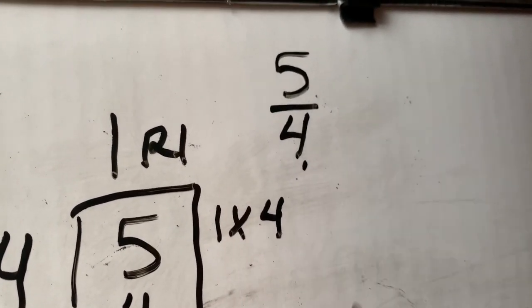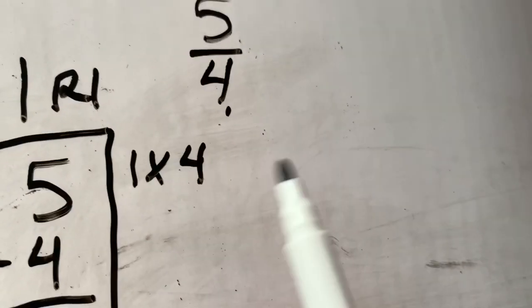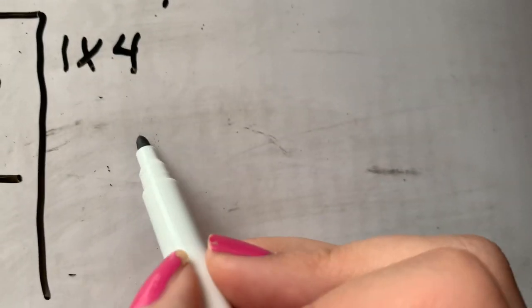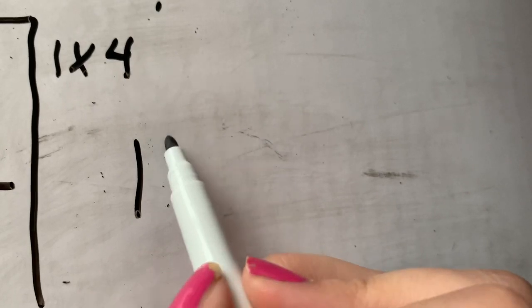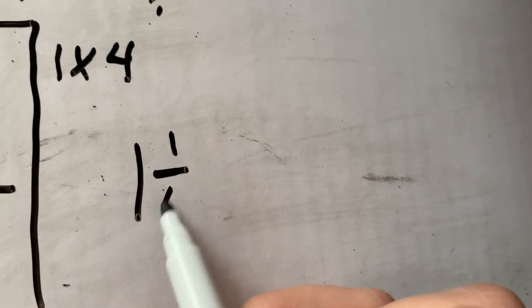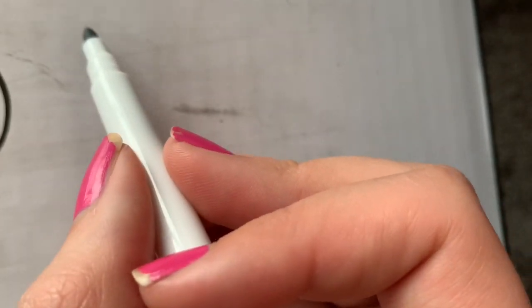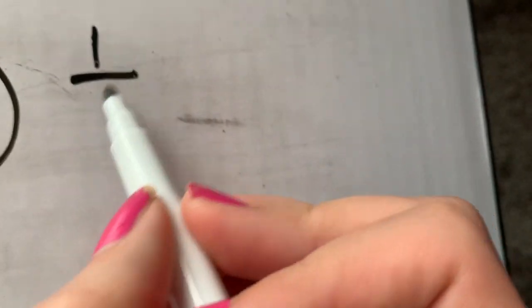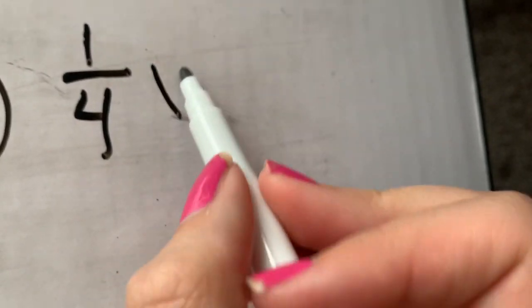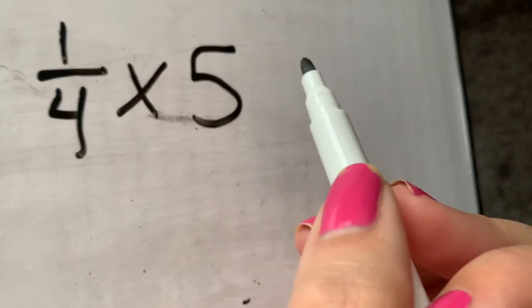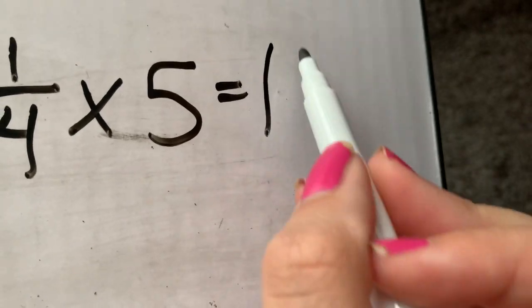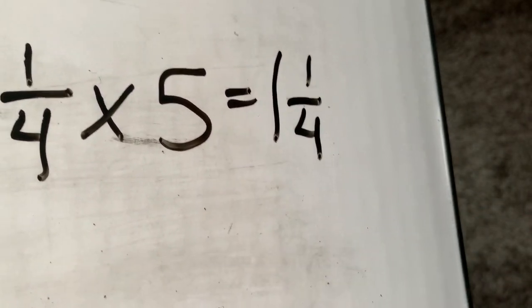Does our denominator change? No, it does not. So our new number, 5/4, we changed it into 1 and 1/4. Okay, so we know that our answer for 1/4 times 5 wholes is 1 1/4.